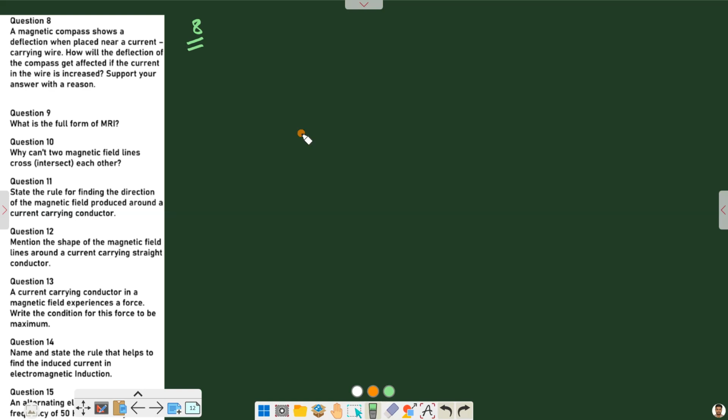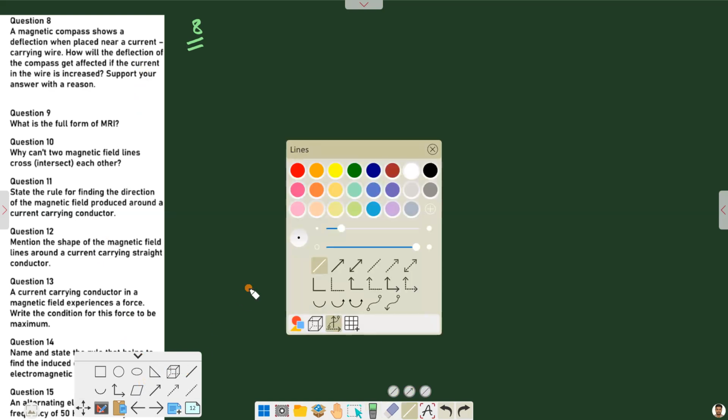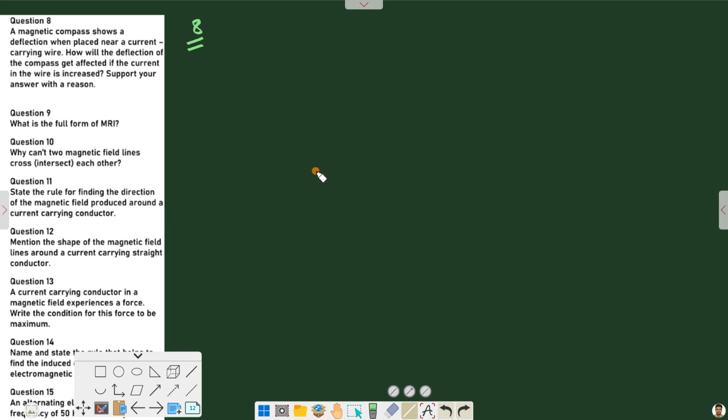In question number 8, we have to discuss how a magnetic compass behaves when it is placed near a current carrying conductor. We have discussed a similar question already, so it will be in brief.